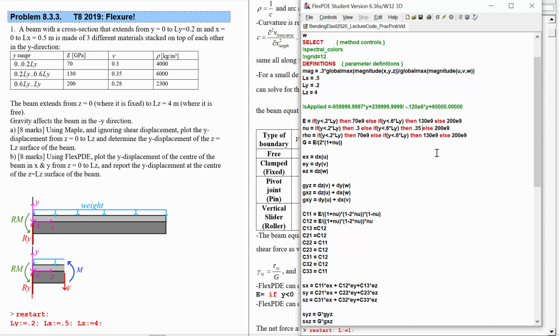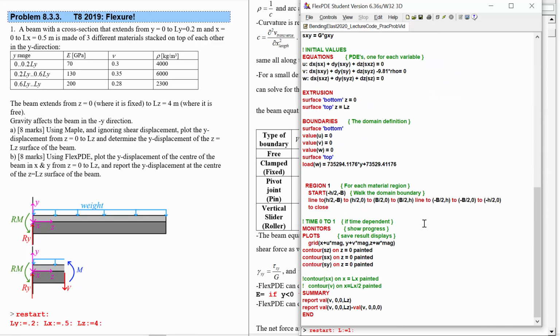So 0.3, 0.35, and 0.28. And the last one is the density. We've got 4,000, 6,000, and 2,300. Okay, that's all good. Next thing, we need the bottom and Z to be fixed. Yes, that's right.